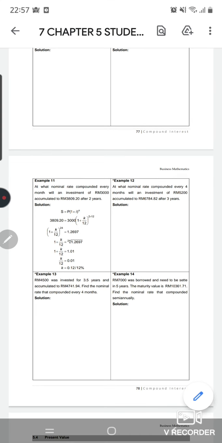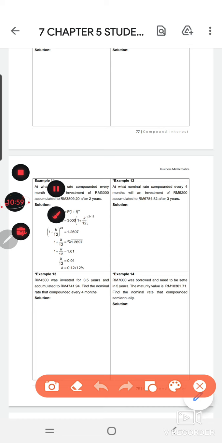Okay, then last one, example 11. At what nominal rate compounded every month will an investment of RM 3,000 accumulate to 3809.20 after 2 years. So dia nak nominal rate. Apa maksud nominal rate?